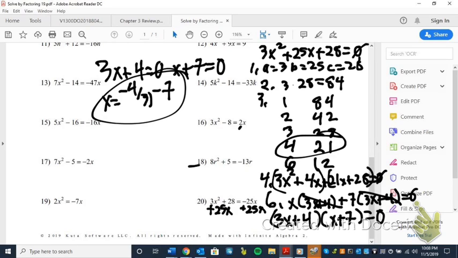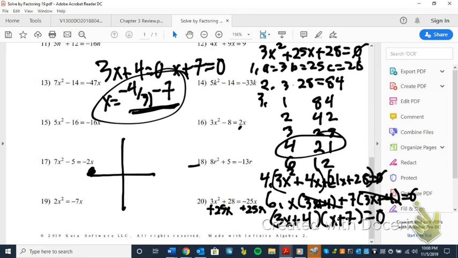Now, if you're wondering what those answers mean, all quadratic equations form a parabola when we graph them. So what these zeros are that we're finding, these answers, they are zeros. They're where x equals 0 or y equals 0. So at what x does y equal 0?